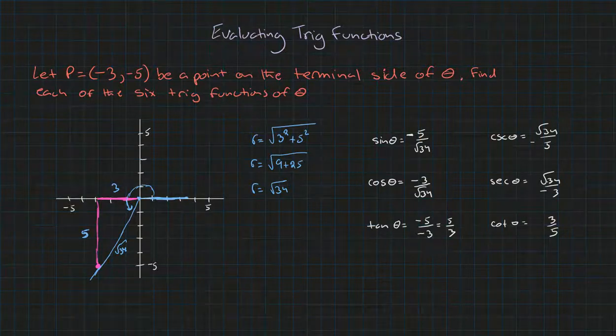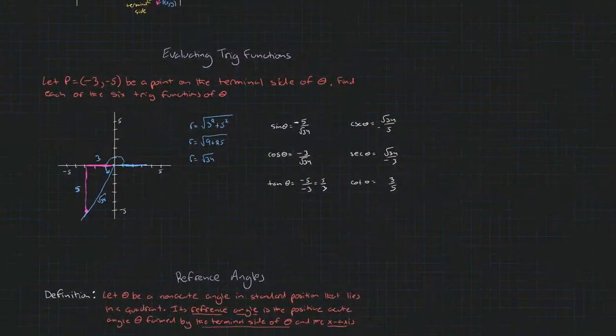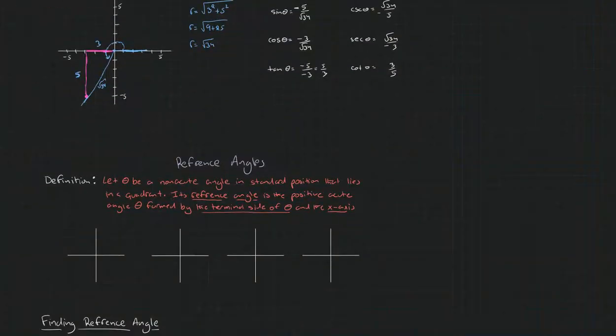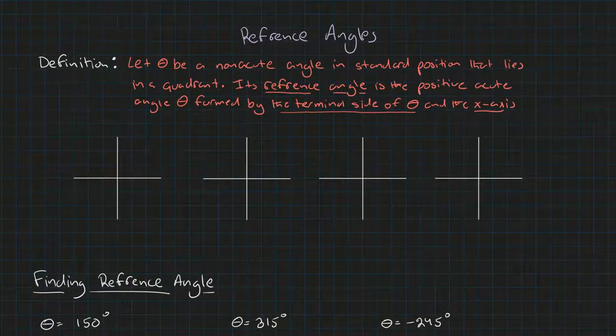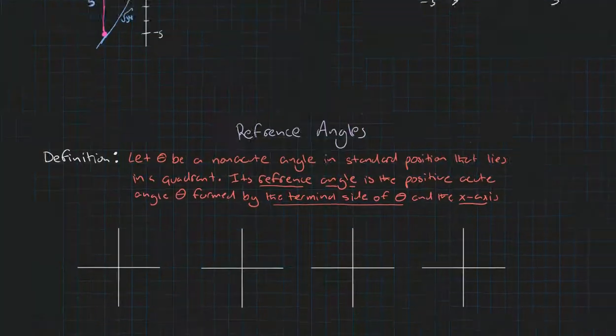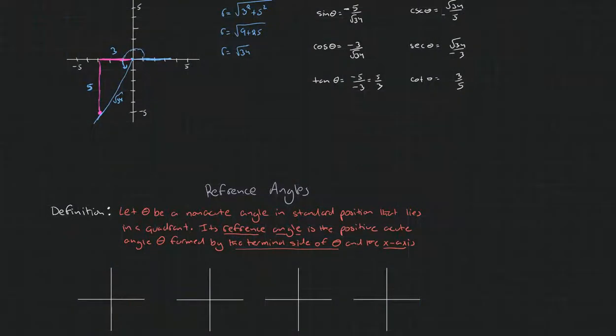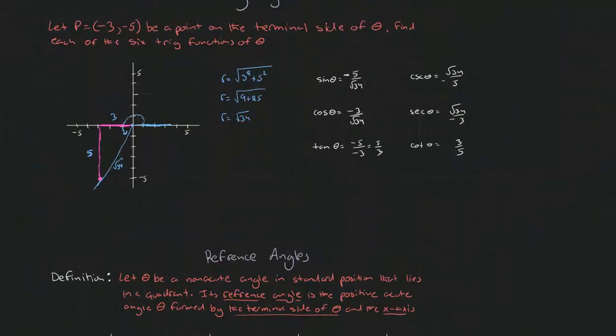All right, so the next thing: if you've been paying attention, there's this right triangle that is getting formed. So let's talk about some of the angles that we're seeing in there. One of the things is this reference angle. Let me go back over here and take this right triangle out.